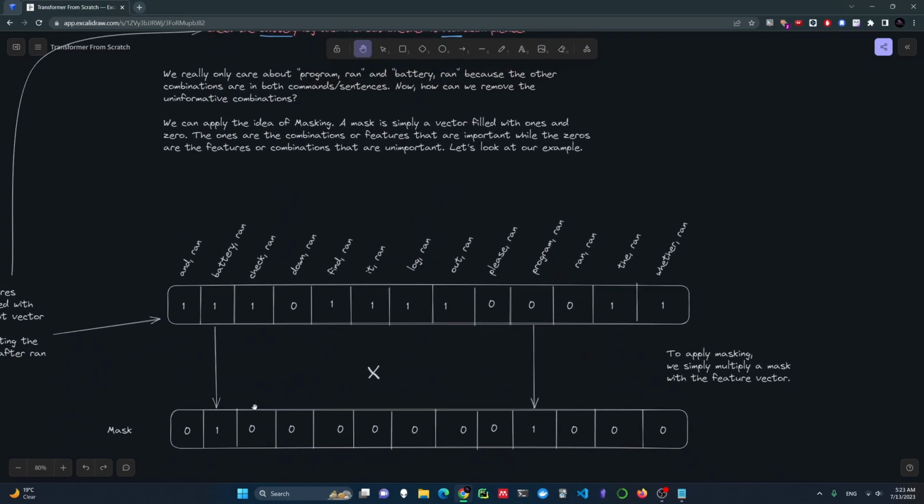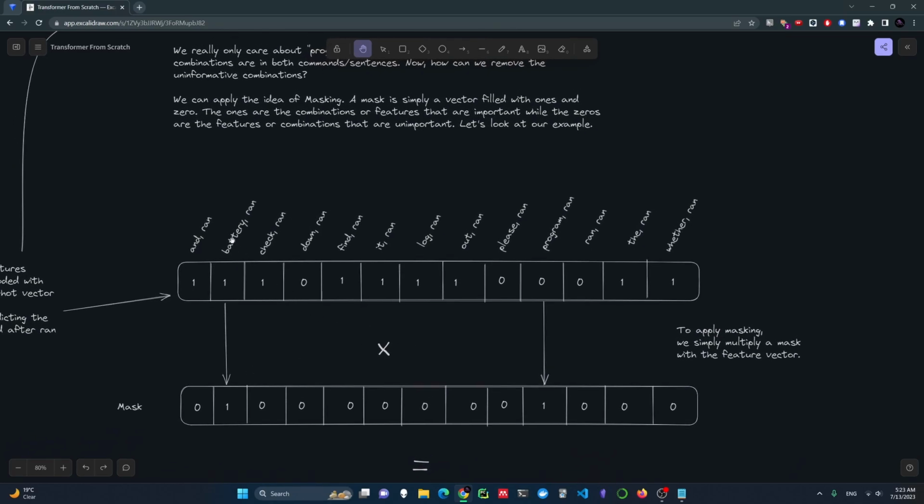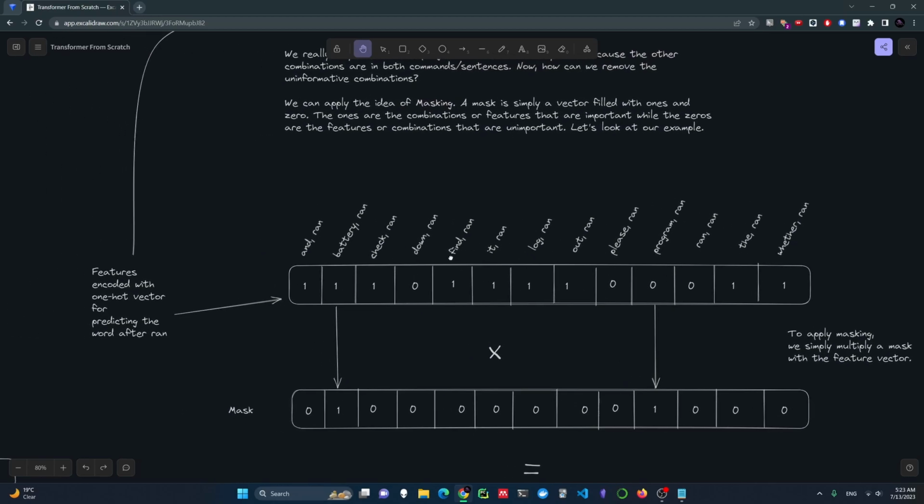Okay, so this is a mask, right? And the ones are the combinations or features that are important, while the zeros are the features or combinations that are unimportant, right? So in our case here, the important ones are battery and ran, right? These two combinations are important.